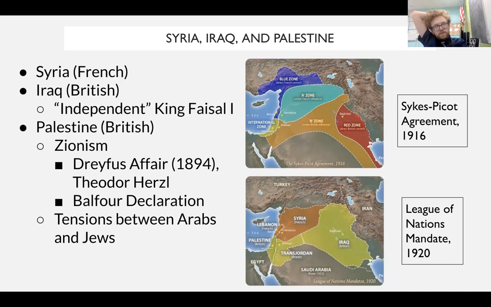Iraq is not really going to see the removal of this British presence until the 1940s, 1950s. So Iraq is going to be dominated by British military troops. They are going to serve as the protectors of Iraq.